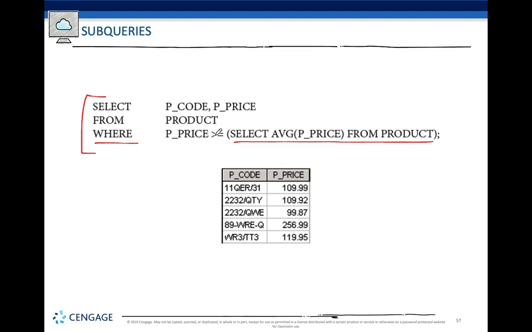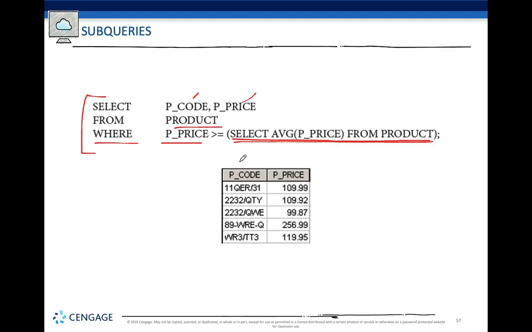The inner query gets the average price of all the products from the product table, and that's this part here: select average price from product. And then the outer query gets the product code and the product price from the product table where the price is greater than or equal to the average price.